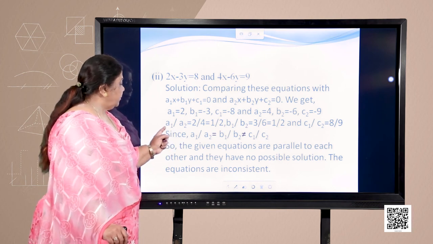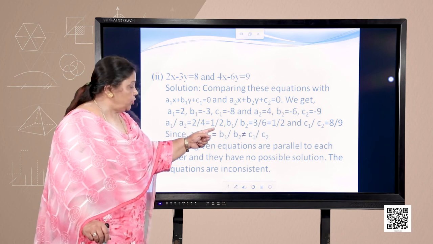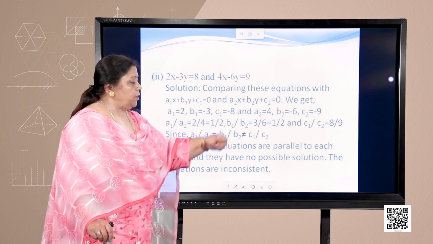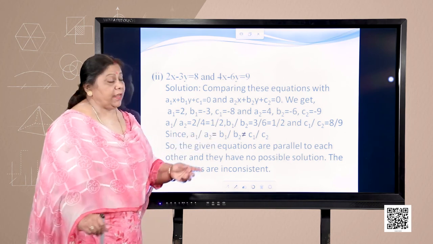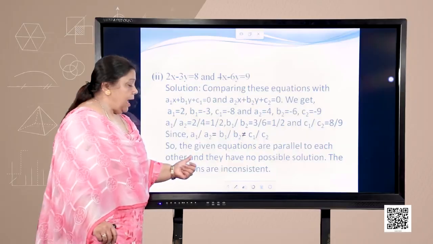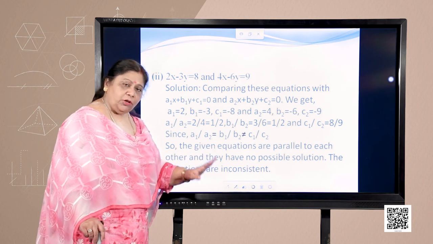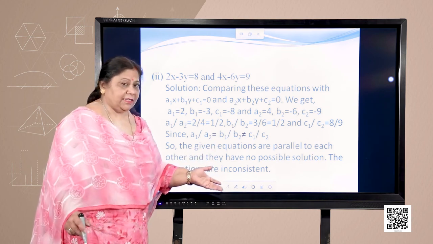We find here that a1 upon a2 is 2 upon 4, which can be reduced as 1 upon 2, b1 upon b2 is 3 upon 6, that is again 1 upon 2 and c1 upon c2 of course is 8 upon 9. That means a1 upon a2 is equal to b1 upon b2, which is not equal to c1 upon c2. So, the given equations are parallel to each other and they have no possible solution. So, the equations are said to be inconsistent.